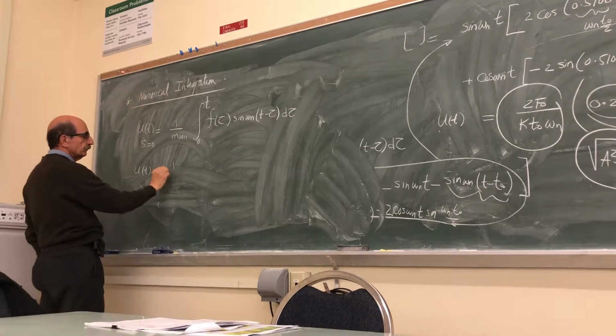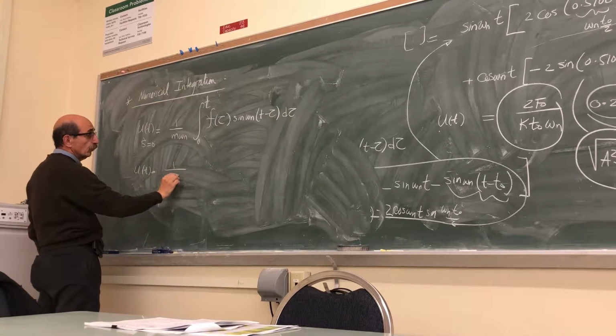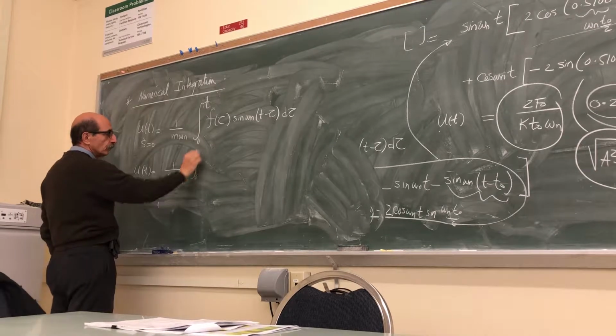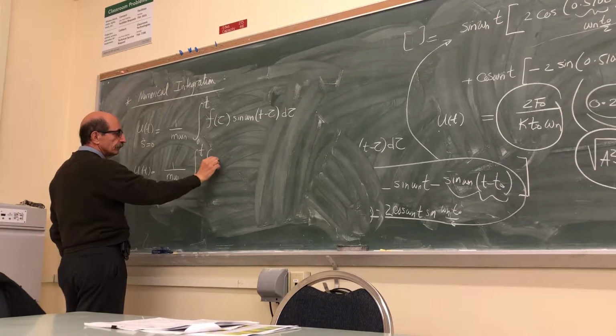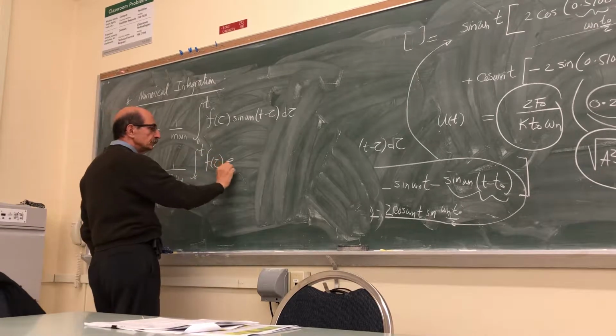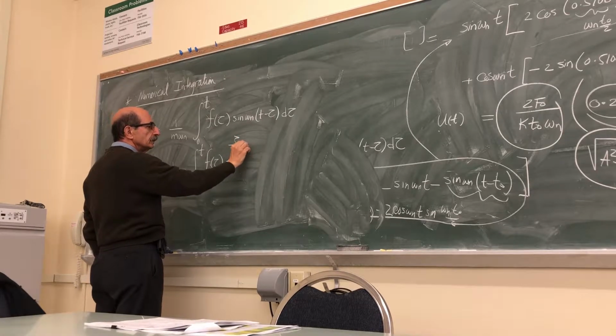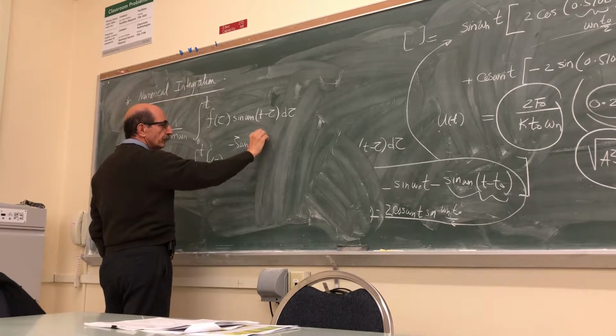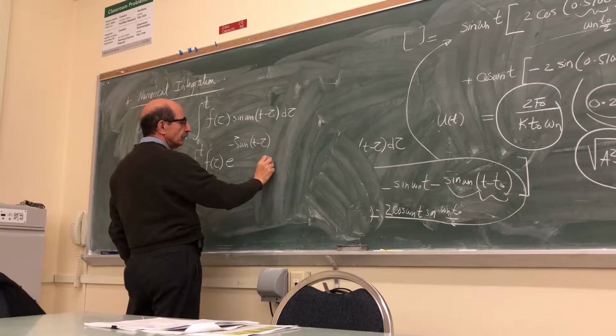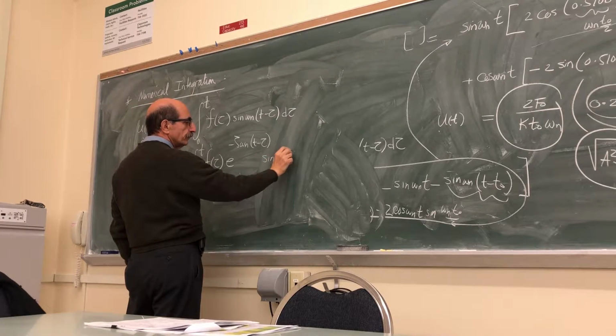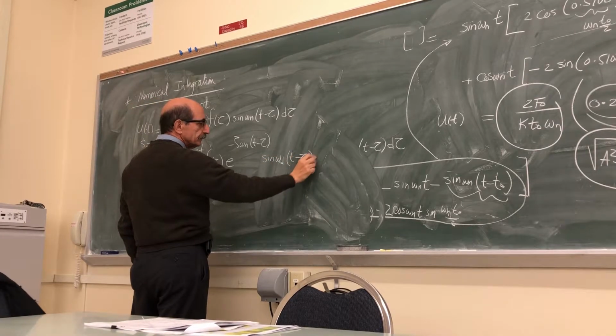For the damped case it was similar, more complex: integral from 0 to t of f of tau e to the minus zeta omega n (t minus tau) sine omega d (t minus tau) d tau.